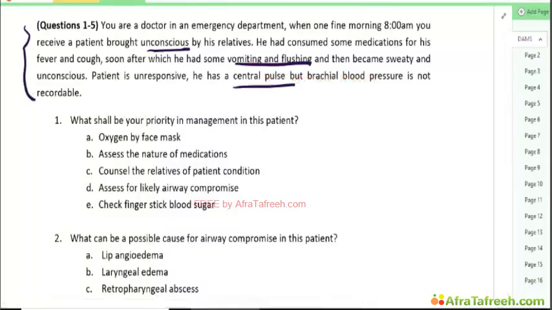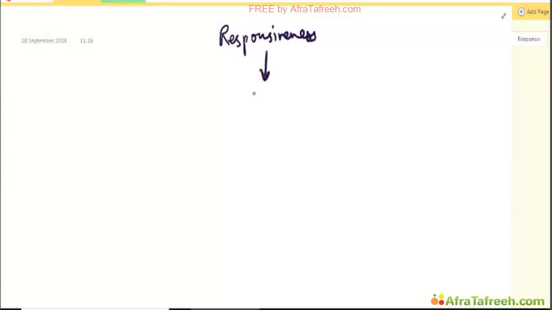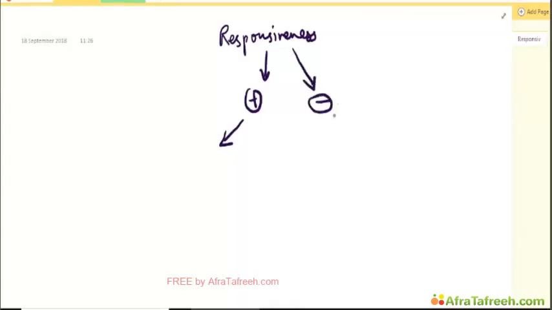Having said that, this would be an approach. If a patient presents to the emergency department, or for that matter, if you see any patient outside the hospital as well, if you are a provider, first you check for the responsiveness. If the patient is responsive, there's a different algorithm to be followed. If the patient is unresponsive, next thing is to check for breathing.